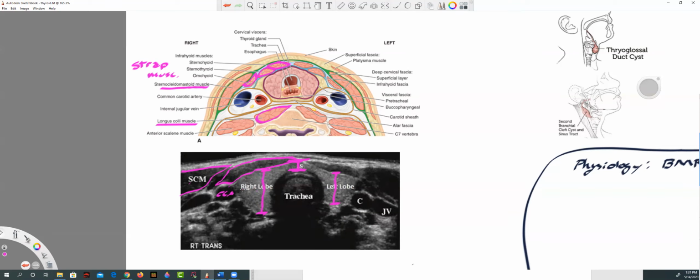Anterior, posterior. Oh, and of course, you definitely will measure the width of each lobe here as well. Let's see, what else? Okay, probably about it for that.